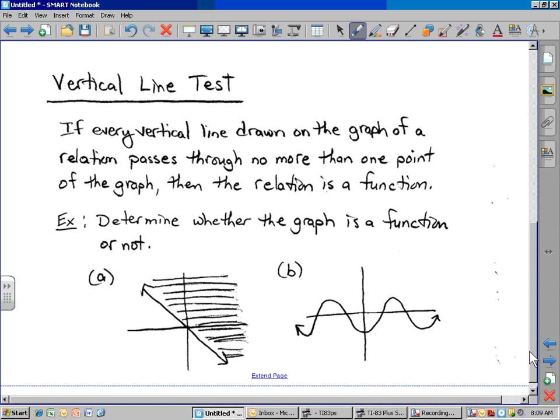So if you have a picture and you want to know if it's a function or not, you can simply try the vertical line test. If every vertical line drawn on the graph of a relation passes through no more than one point, the relation is a function. It is only allowed to pass through the graph once.